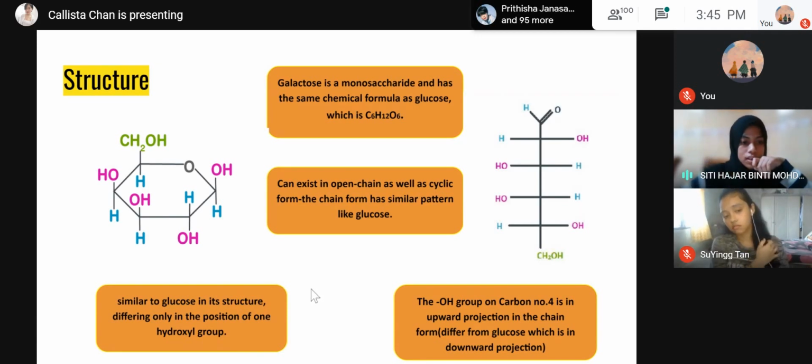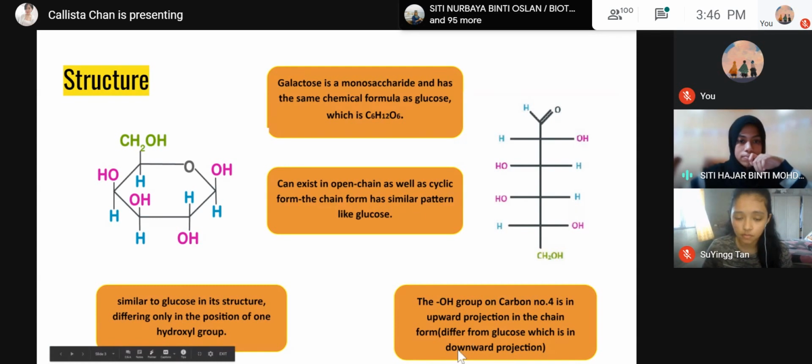The OH group on carbon number 4 of galactose is in an upward projection, while in glucose it is in a downward projection. It differs only in the position of one hydroxyl group.